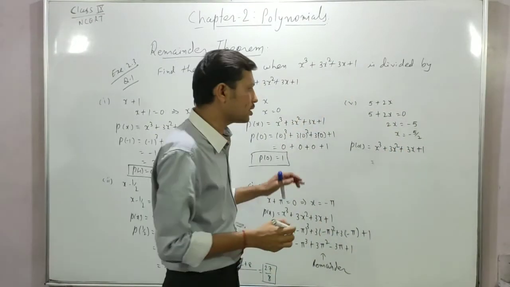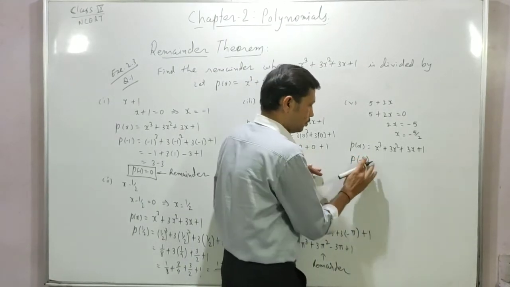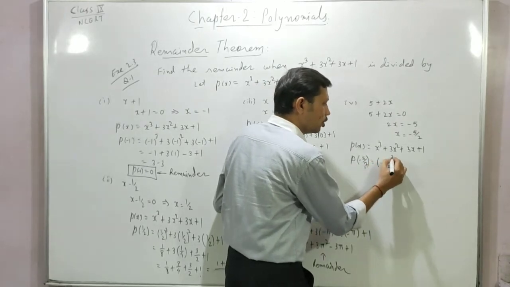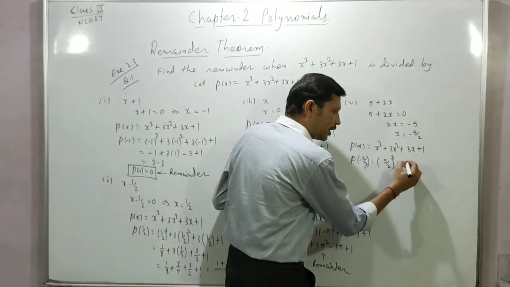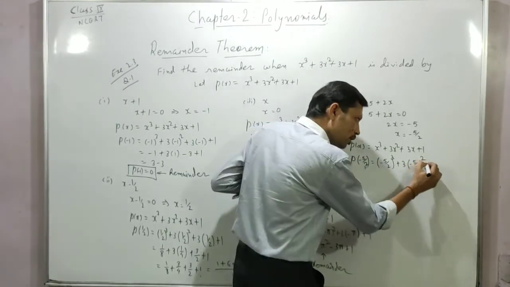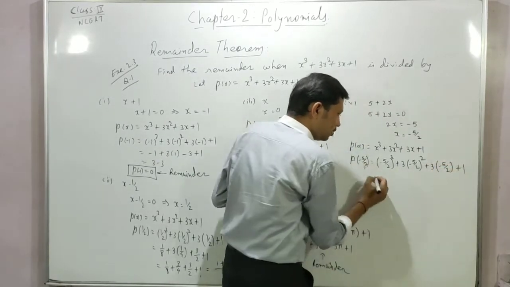Now the value of x we will replace here: minus 5 by 2. So minus 5 by 2 the whole cube plus 3x square, that is minus 5 by 2 the whole square, plus 3, value of x is minus 5 by 2, and plus 1.